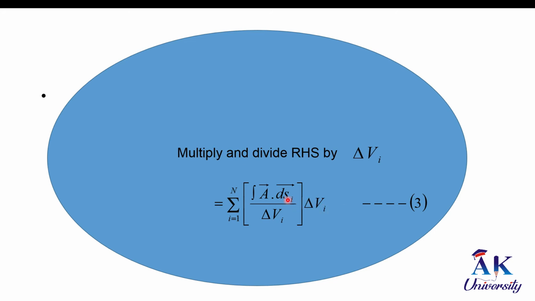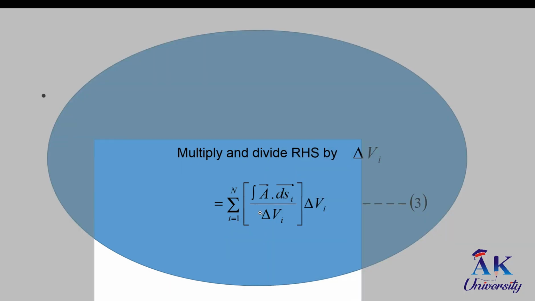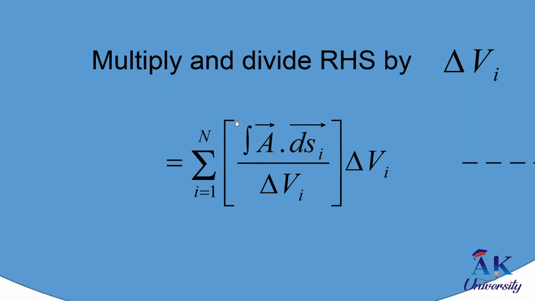Now we apply the limit on the portion in the square bracket. After applying the limit, this will become del dot A, meaning the divergence of A.